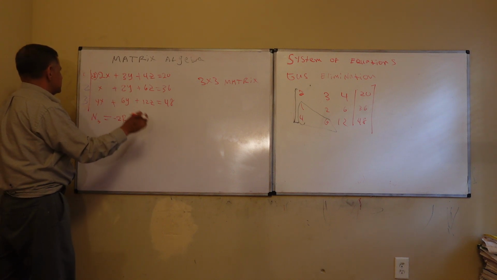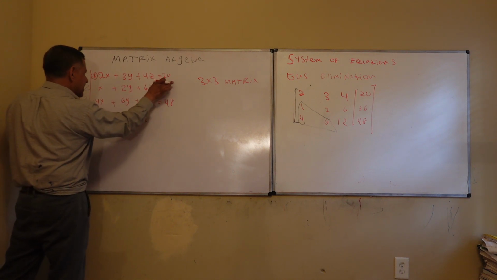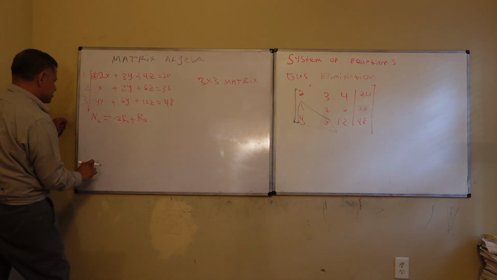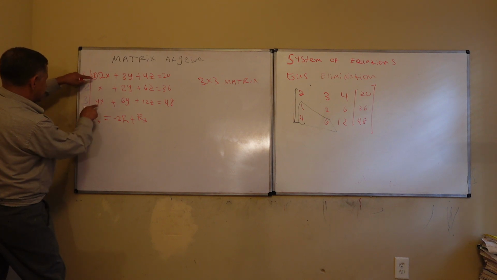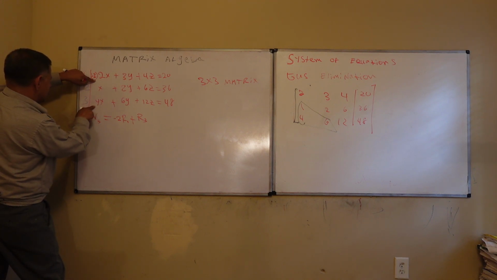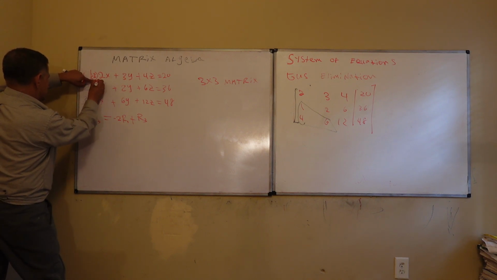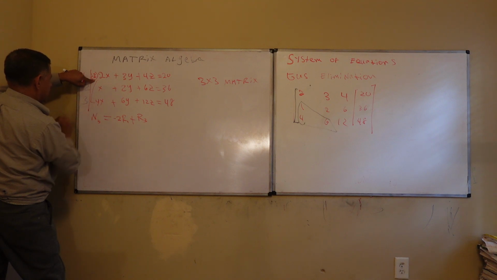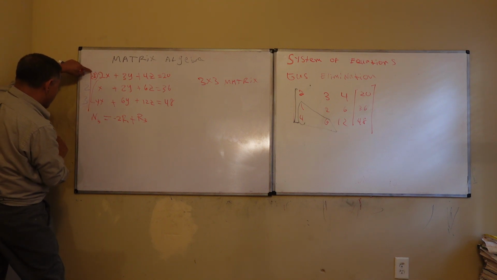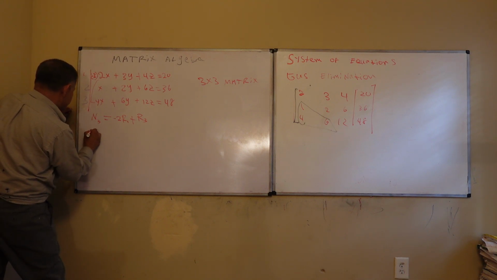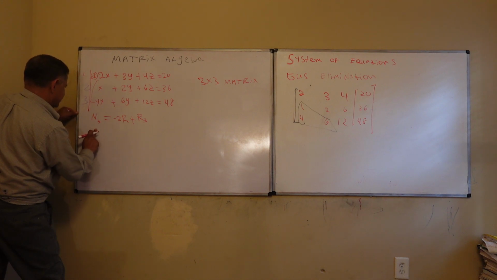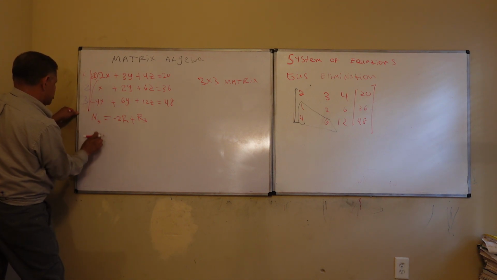So what do I get? Multiplying this guy by -2 across, I get, and this 2, I apply the change to this one and that one. So I just use row 1. I will not write N3, just do it.